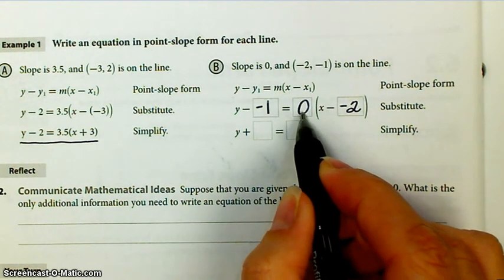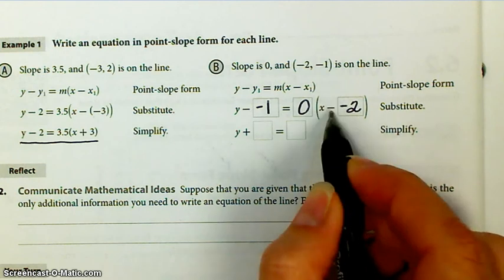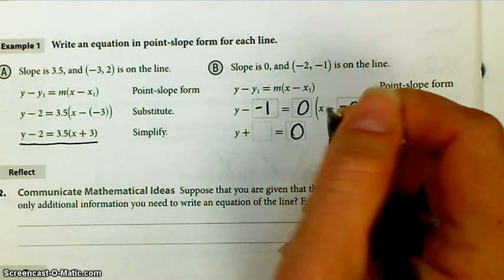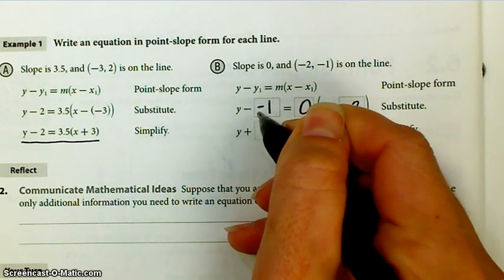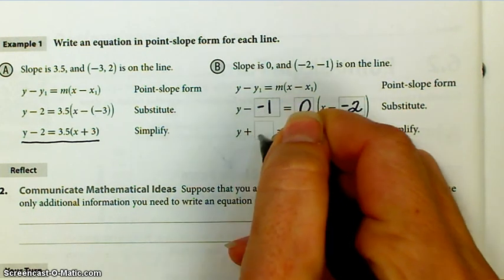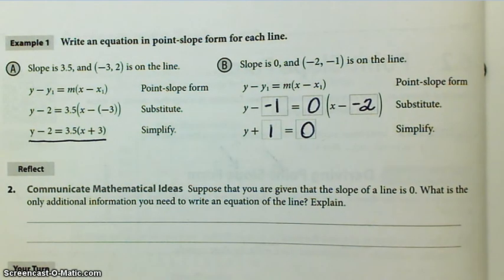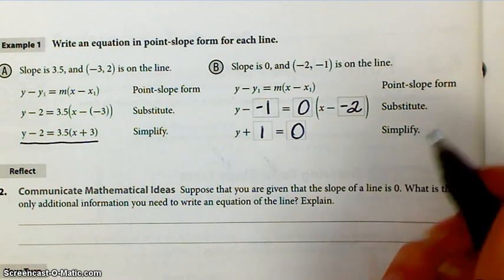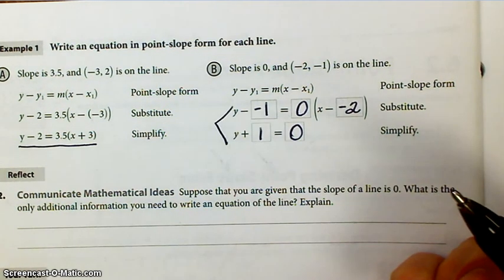If I say 0 times anything, and I'm multiplying everything because it's in parentheses, so 0 times all this is just 0. y minus a negative 1 gives you y plus 1. Okay, if I wanted to just move it over to see what y equals, I could do that. But this is point-slope form.